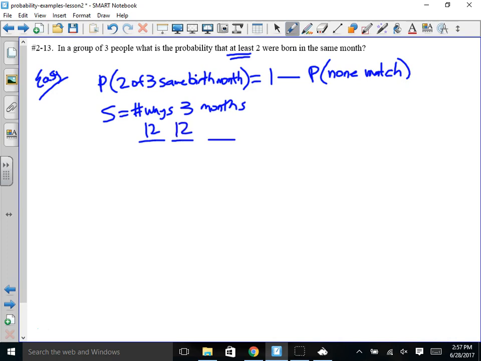There's 12 months for the second person, and there's 12 months for the third person. So 12 times 12 times 12 turns out to be 1,728 different groupings of 3 months that we could have there. All right, but E, that's going to be the number of ways where we can have 3 months that don't match.